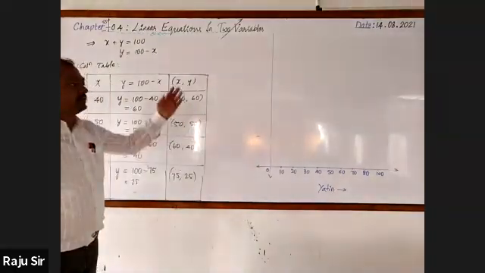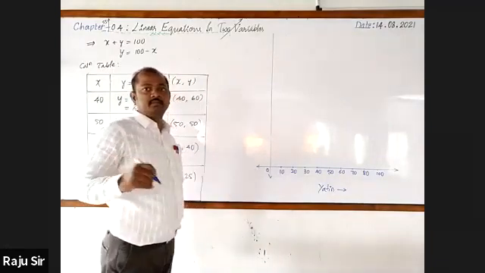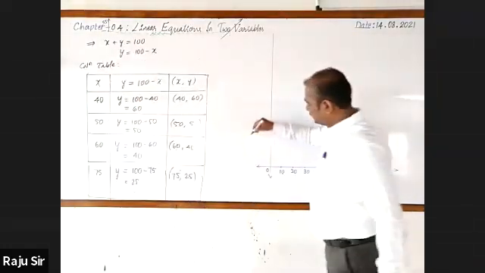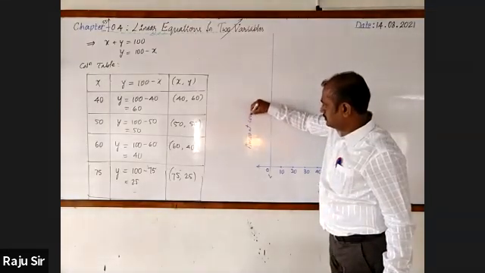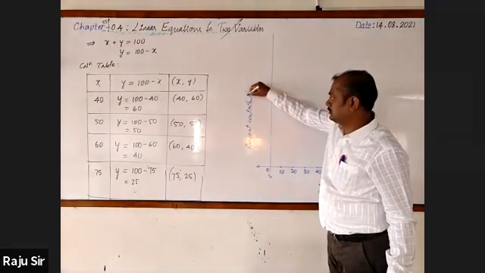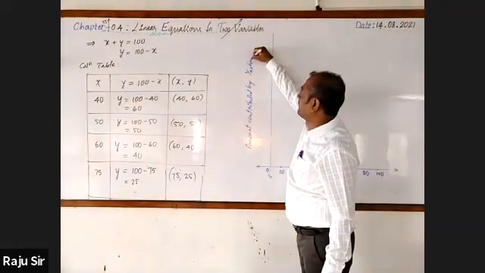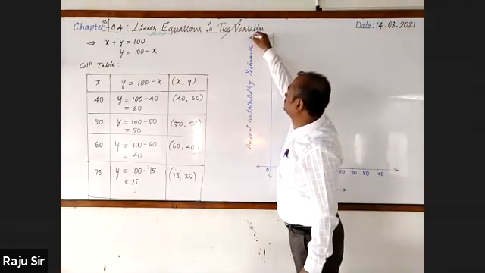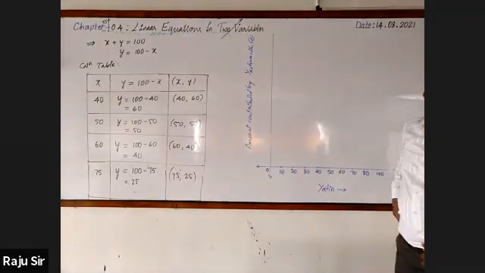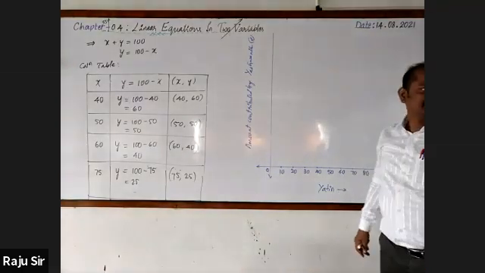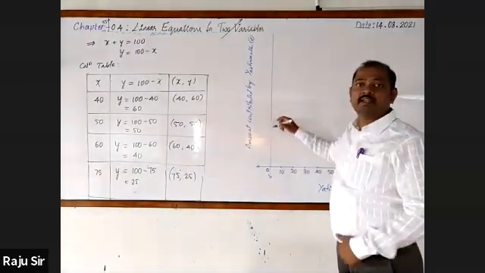What does y-axis indicate? Amount contributed by Yashwant. The amount contributed by Yashwant is in rupees. What is the scale here?